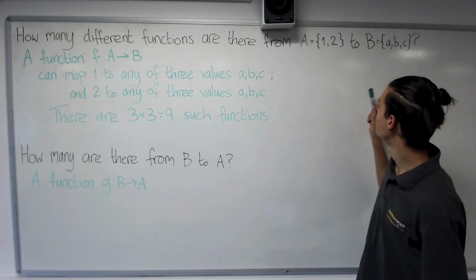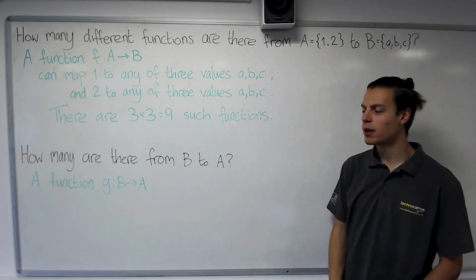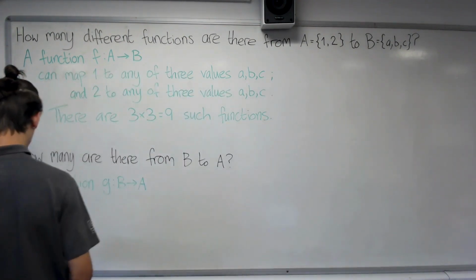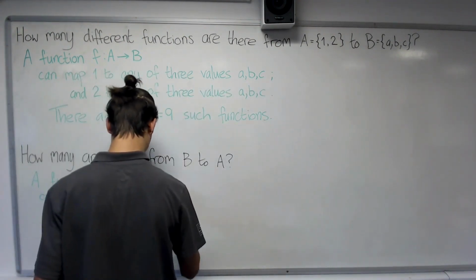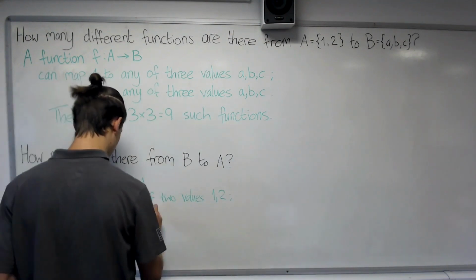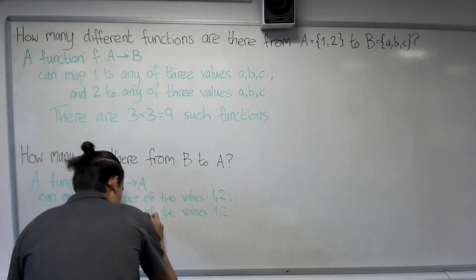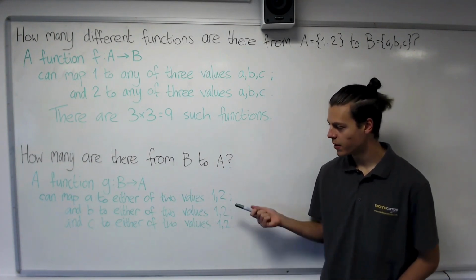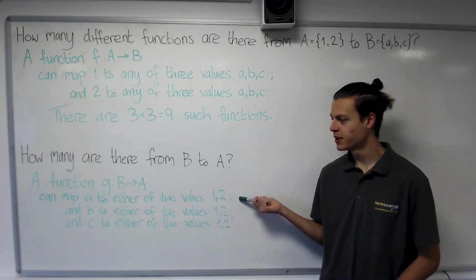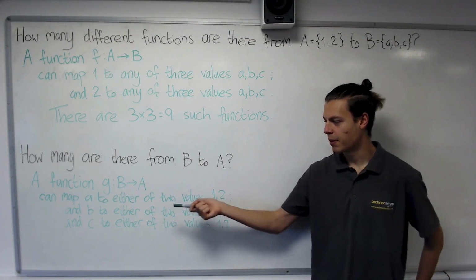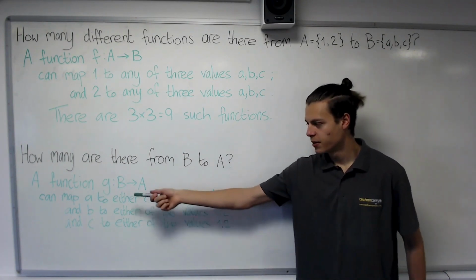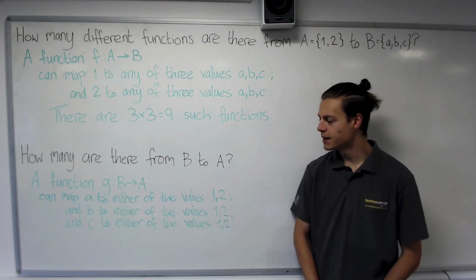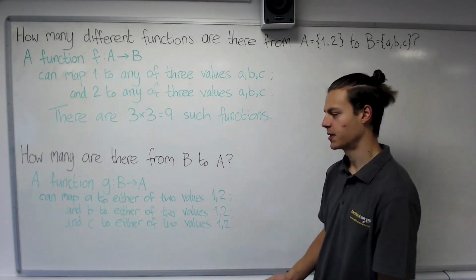And similarly for B and C, each we can map to one of 2 values. So this time we have 2 options for the function to map A to, 2 options for B and 2 options for C, and that gives us a total of 8 different functions.